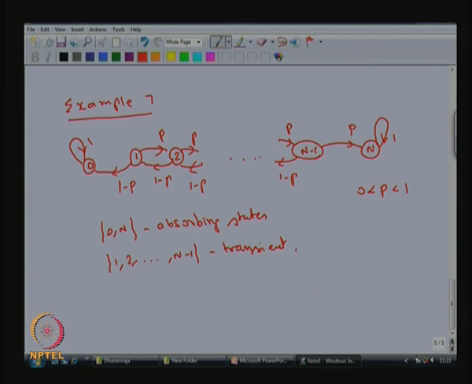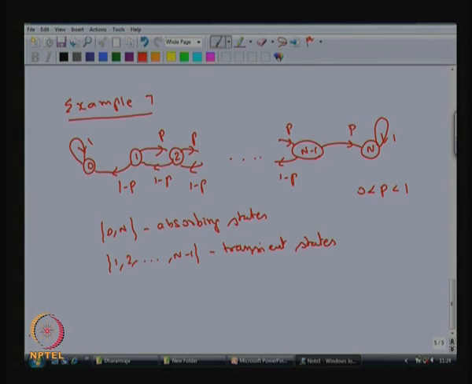If the system starts from these states, it can keep moving between them over a number of steps, but with positive probability 1 minus p, it can go to state 0, and with positive probability p, it can go to state n. Once the system comes to state 0 or n, it will stay there forever.